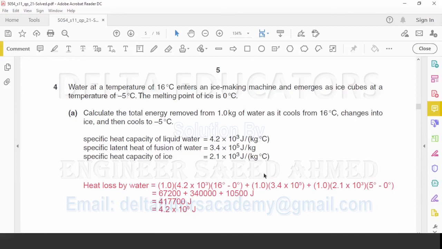The amount of heat removed at this stage will be equal to mL, where m is the mass and L is the latent heat of fusion. The mass of water is 1 kilogram and the latent heat of fusion of water is given as 3.4 into 10 power 5. Now in the third part, heat is again lost.